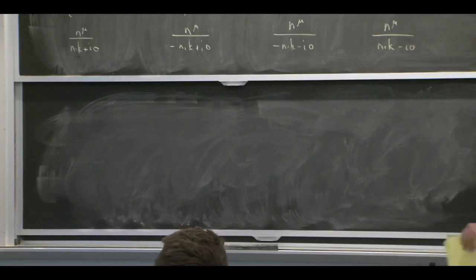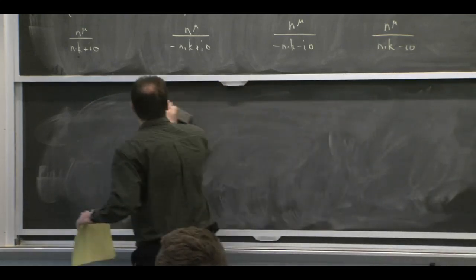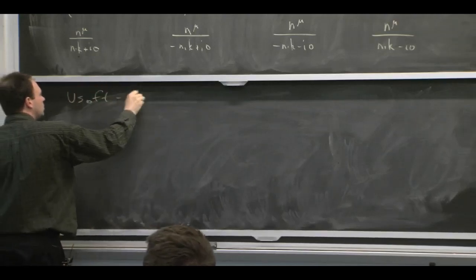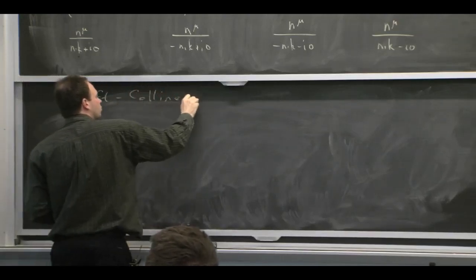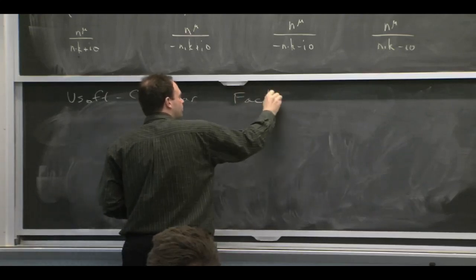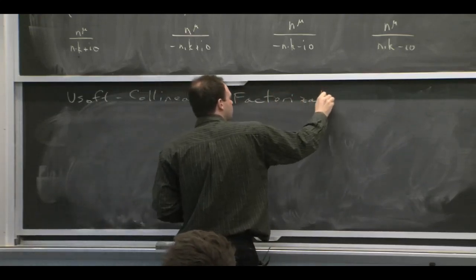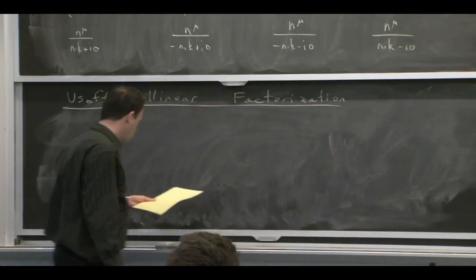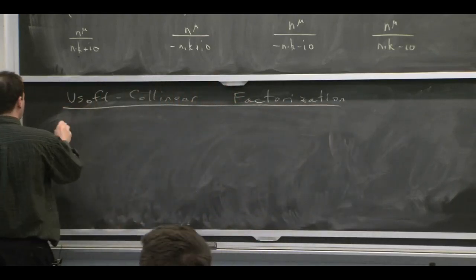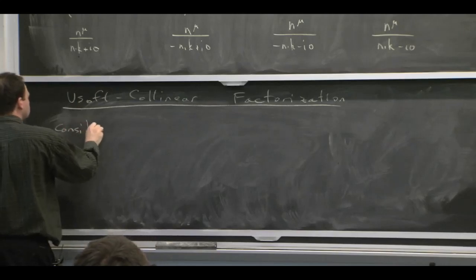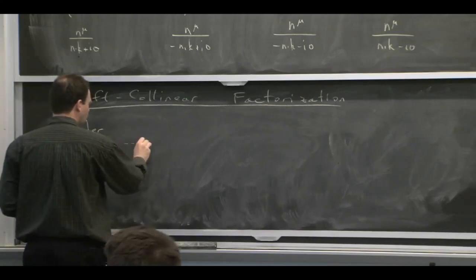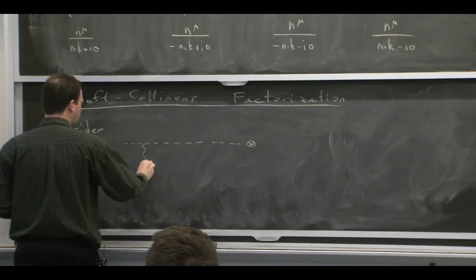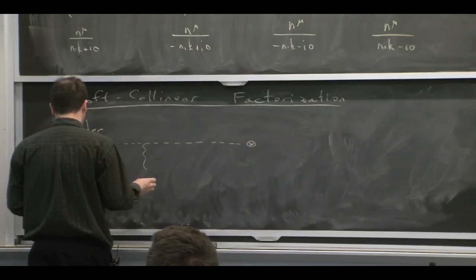So this can actually lead us to something deeper, which is called Ultrasoft-Collinear Factorization. So let's consider more than one gluon. We'll have one collinear fermion, and we'll just attach a bunch of ultrasoft gluons to it.